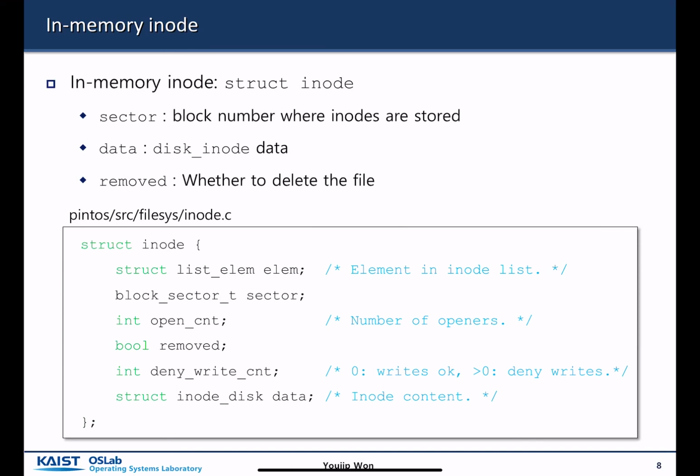Okay, so there are two types of inode. The first one is the in-memory inode, and the second one is the on-disk inode. So inode represents a file on the disk. All right, so let's first look at the inode we call in-memory inode. Also sometimes it is called an in-core inode.